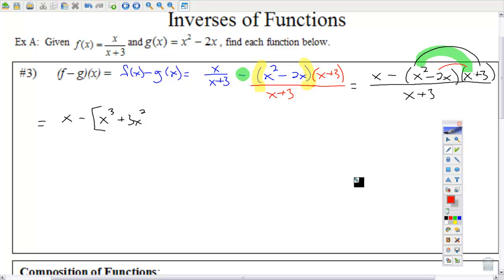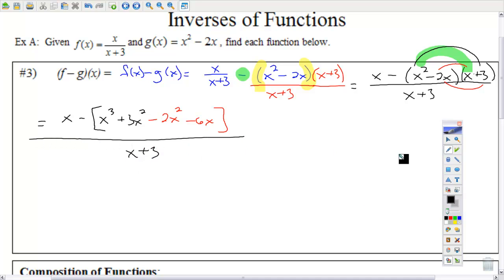Minus 2x times x is a minus 2x squared. Minus 2x times 3 is a minus 6x. All over x plus 3.